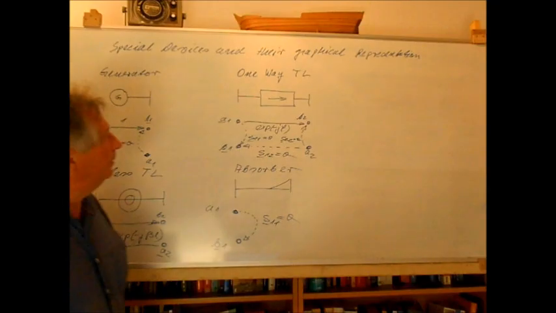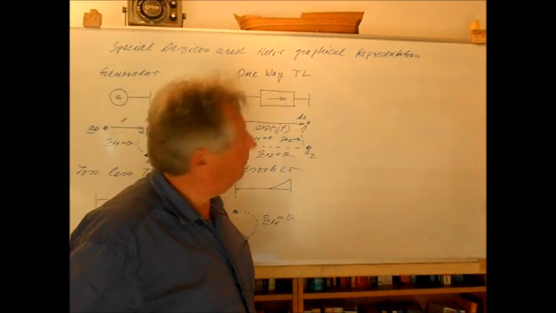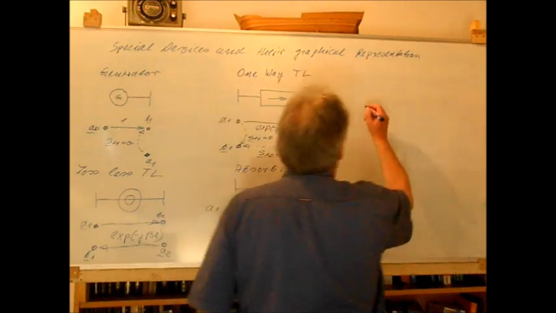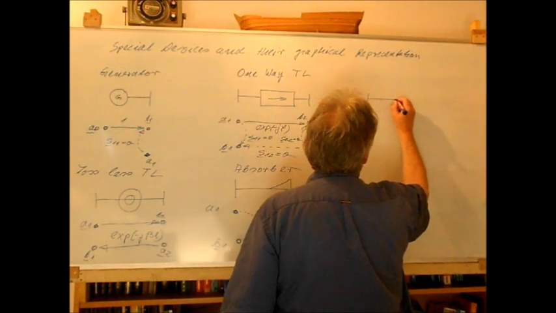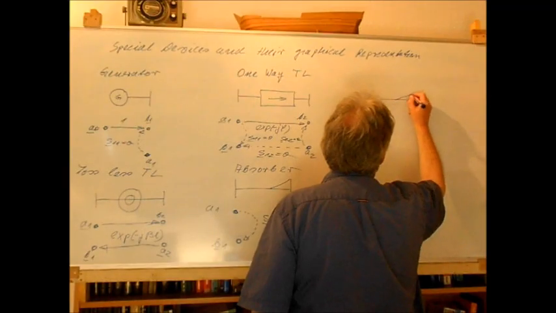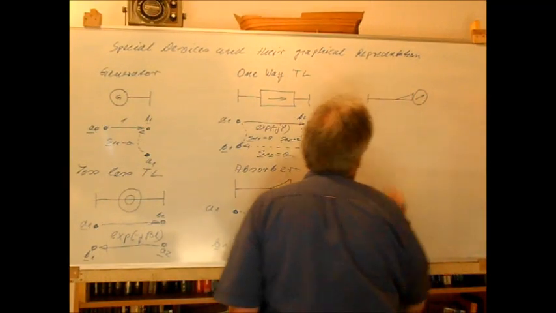What we further need is some equipment to measure the wave amplitudes, and I will sketch it like this. So, for example, we could use a special absorber which is able to measure a certain wave amplitude.